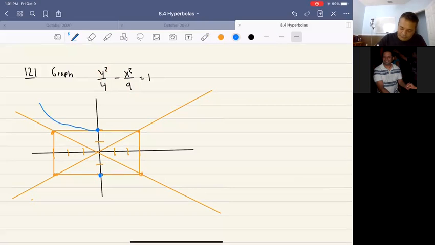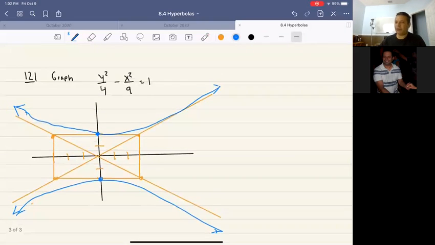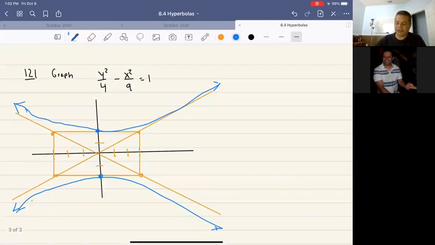So let me draw that again. Oh, wow, that's terrible. Oh well, it'll do. Okay, so that's all it asked for, but we're going to look for a couple other things. We're going to look for the transverse axis.